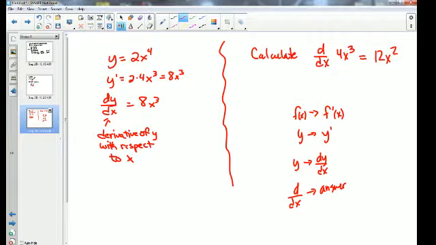You don't need to do anything, it's just straight to the answer. Okay. Yeah, these are just different ways to write the same thing. So f of x means the same thing as, f is a function, f prime is a derivative, right? So we have function, derivative.